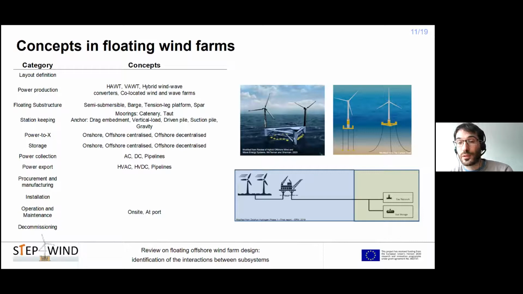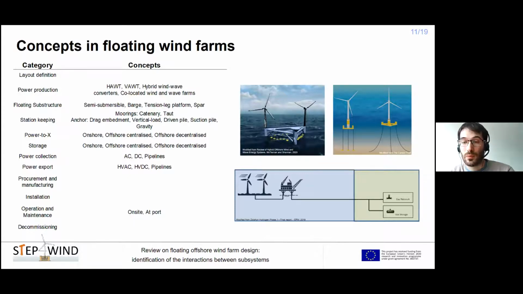At the same time, floating wind farms are quite complex systems, and there is quite a wide number of subsystems and procedures that are embedded in the design of a floating wind farm, and thus have to be accounted for. Furthermore, for all these subsystems, there are several concepts and design options that can be selected. And we tried to categorize these concepts following a principle based on the functionality of each component and procedure.